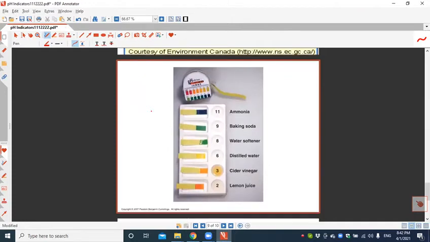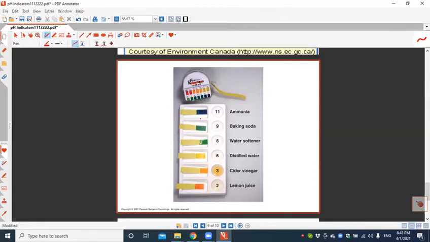Now we will use the universal indicator or litmus paper indicator. This is the old technique to determine acid and base. You can cut paper from this universal indicator and put it in the solution, then depending on the color, we have around 14 colors, so we can determine acid or base, and whether it is weak or strong.